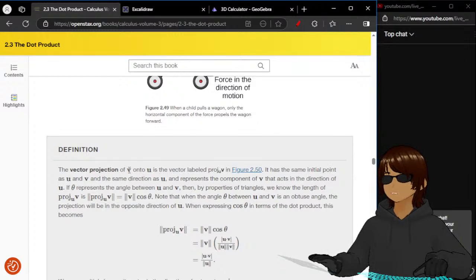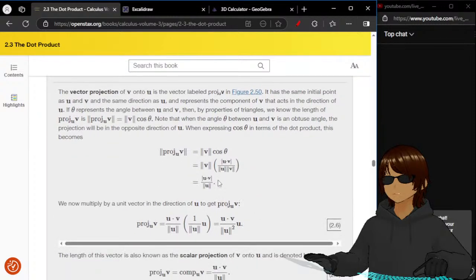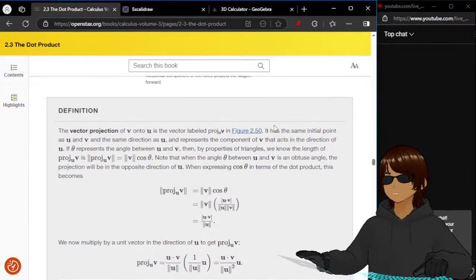The vector projection of V onto U is labeled projection of V on U. It has the same initial point as U and V and the same direction as U, and represents the component of V that acts in the direction of U. Theta represents the angle between U and V. Then by properties of triangles, we know the length of the projection is the magnitude of V cos theta.